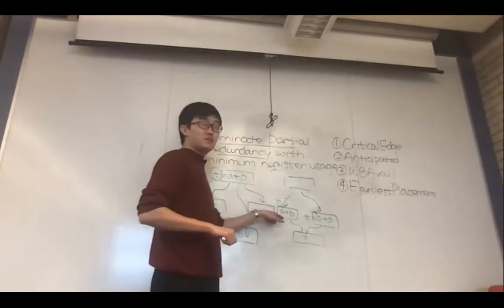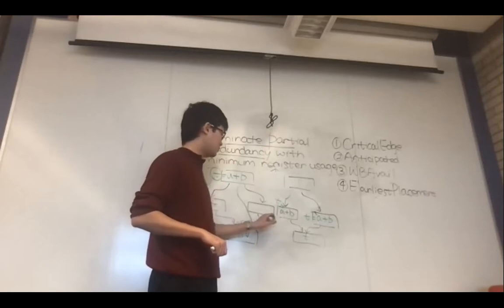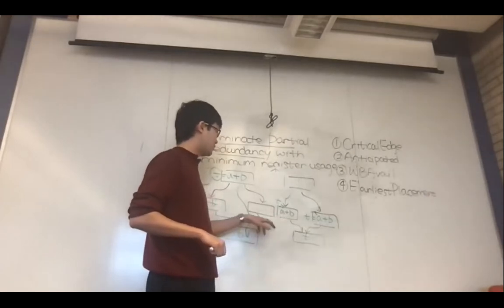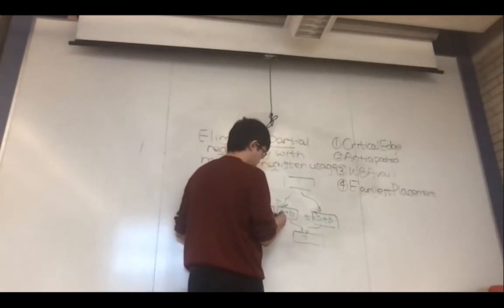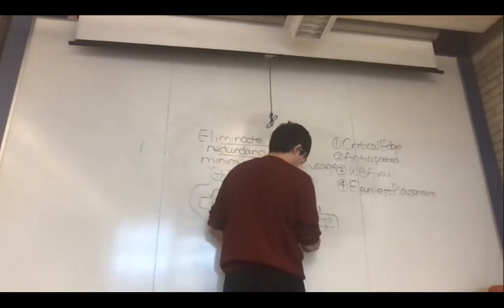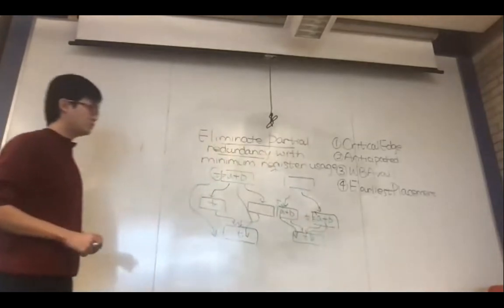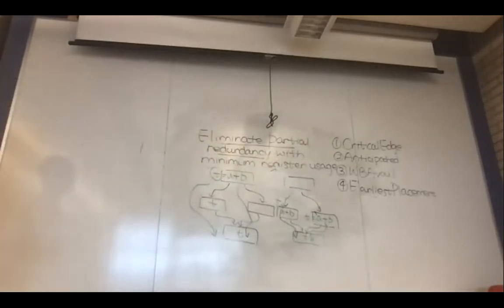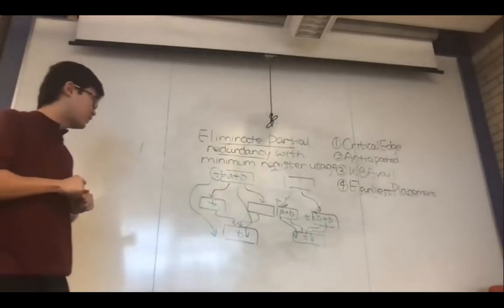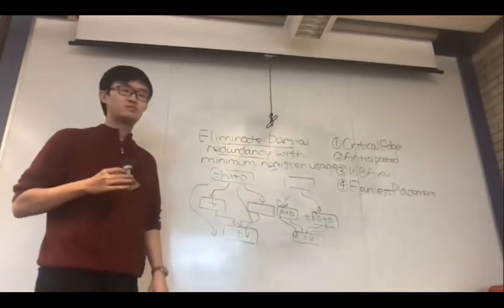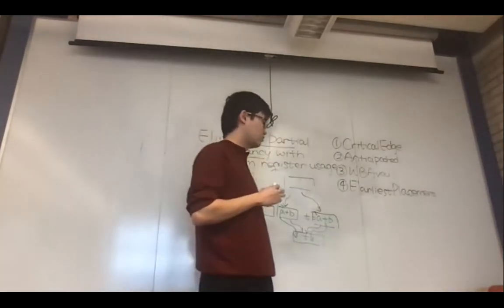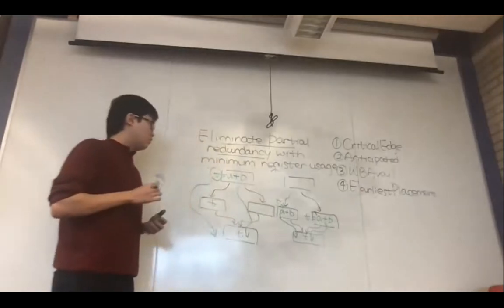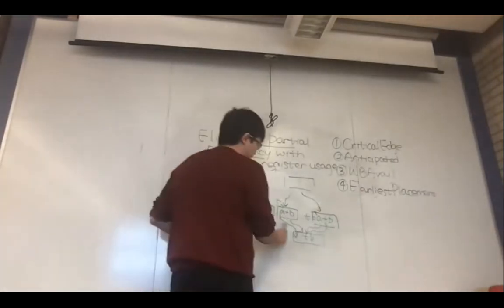But what about in this case? We observe that the live range for T in this case is given by here. Clearly, the lifetime for T here is shorter. We prefer registers with shorter lifetimes, right?